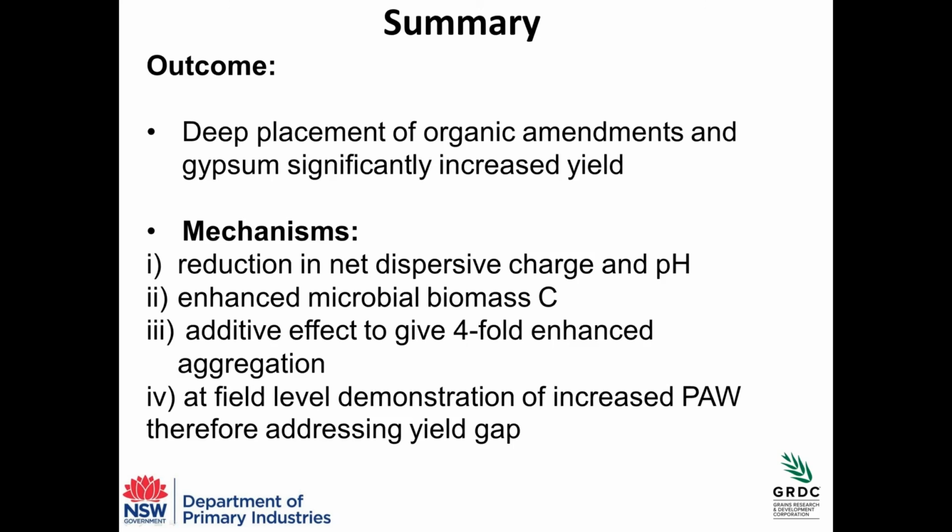The second part of the question, how we decide about the rate of application. In this project, what we did is that we listed what sort of amendments have the potential to go into the field and their different rates of study. And when you set up something like that, you need to have replicates. It's something like a few hundreds or thousands of plots that we need to do in the field. To do that in the field is impossible because the budget and the magnitude of the work is so high.